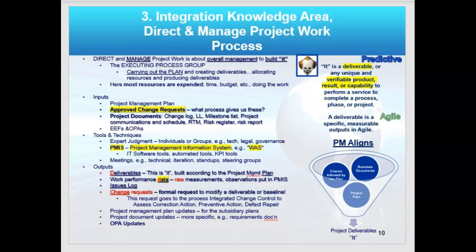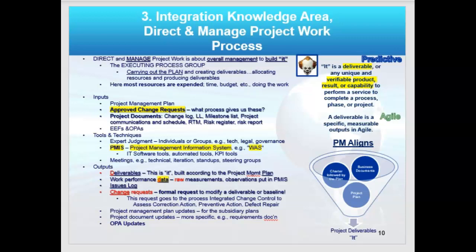And then my outputs are pretty easy. If I'm building it, my output is it, formerly called the deliverable, right? This is what the project management plan is about, building the deliverable. I am collecting work performance data, which is raw, we've said. I am updating an issues log.